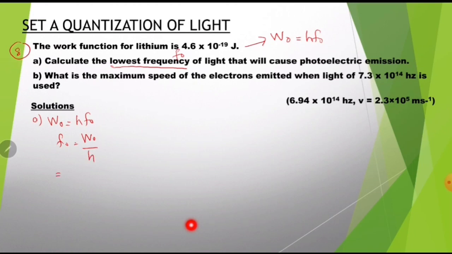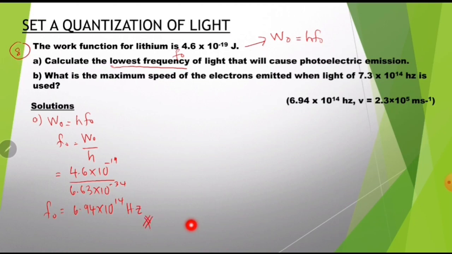W naught is already given, which is 4.6 exponent -19, over h. h is 6.63 exponent -34. Then we get the lowest frequency, or threshold frequency, which is 6.94 exponent 14, and don't forget to write the unit, which is hertz.